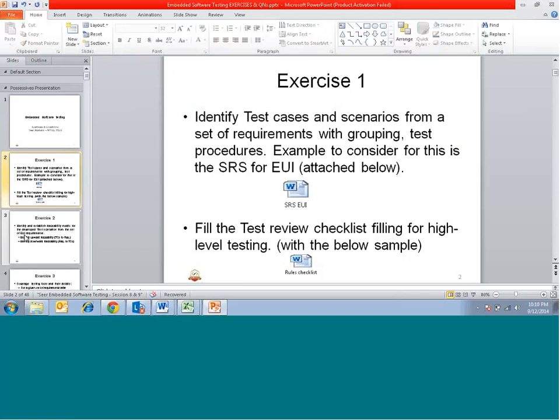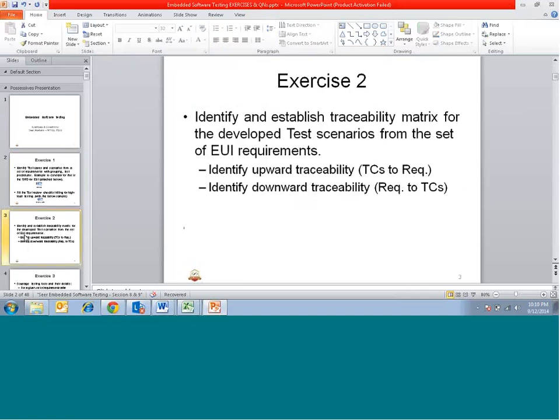Once these two exercises are done, we will continue the exercise in terms of identifying and establishing a traceability matrix for the developed test scenarios from the set of embedded unit instrument requirements. Traceability is required to see and report, from requirements to test cases, how the coverage is there, how we are able to trace different requirements to test cases.